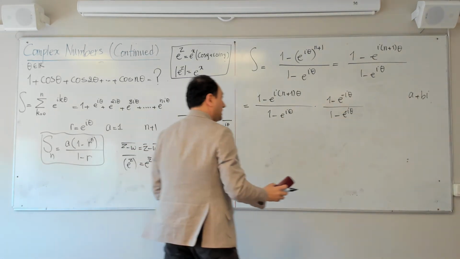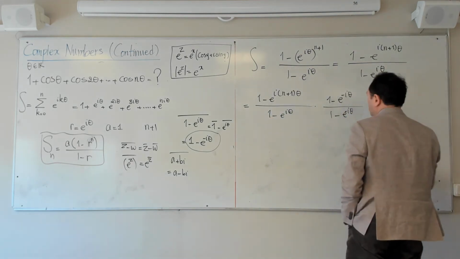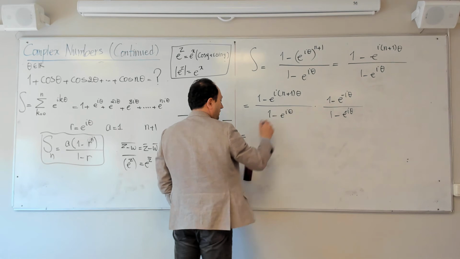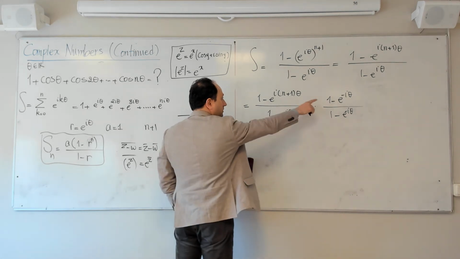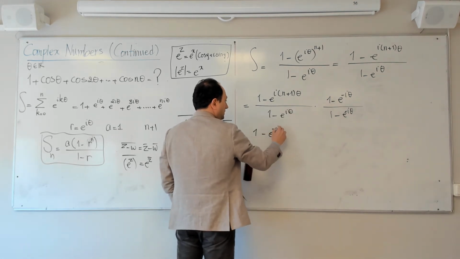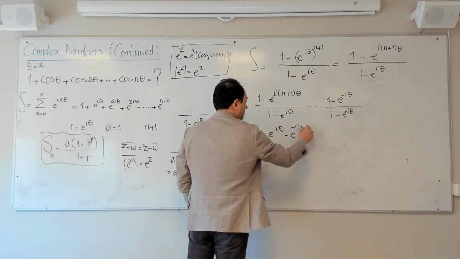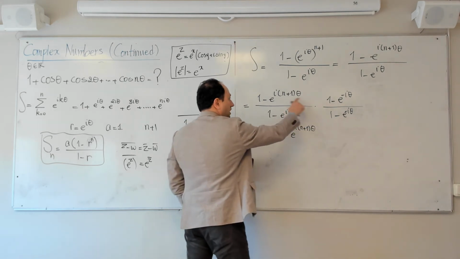Okay, now let us see how it goes. I have to multiply, be patient. So 1 times 1, 1 times that expression, this times that, and then this times that.